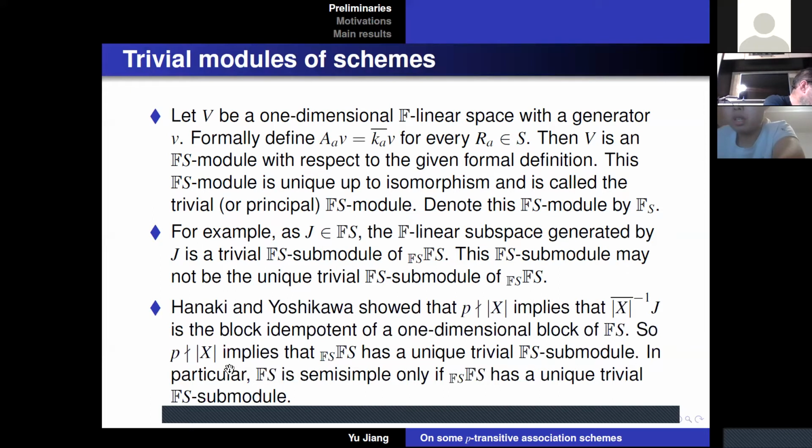In particular, if FS is a semisimple algebra, then using Hanaki's result, we know that in this case p does not divide the valency. So in this case, the regular FS-module has a unique trivial FS-module. This is a special case of that one.